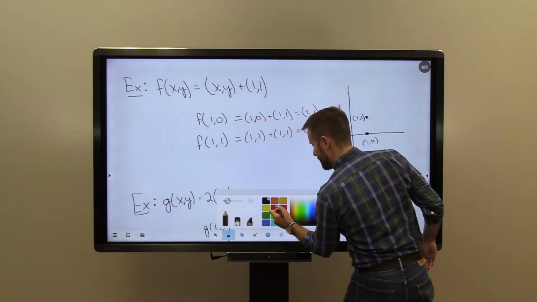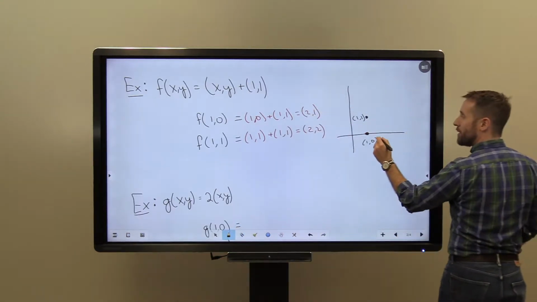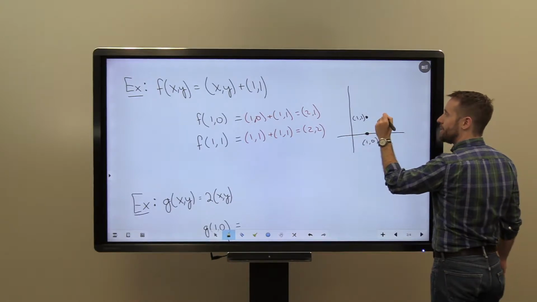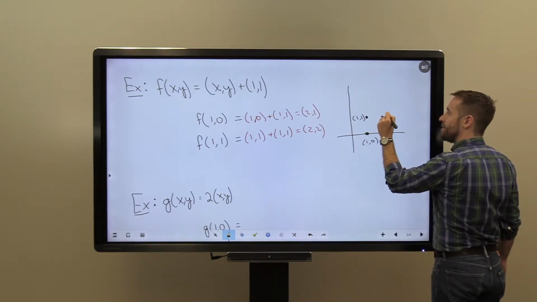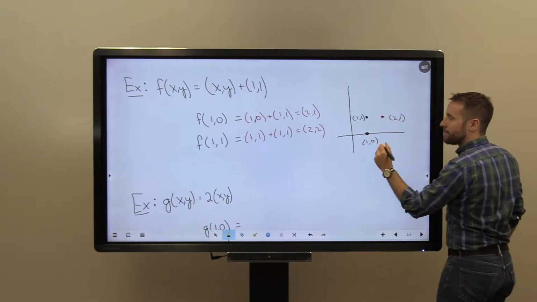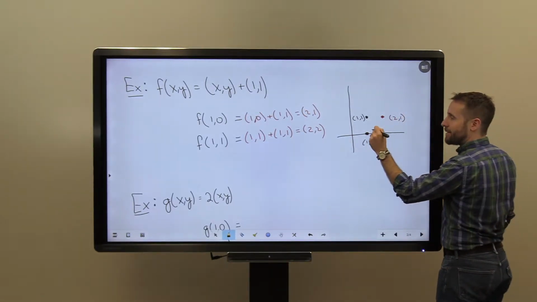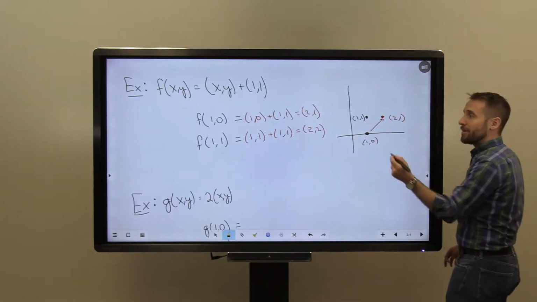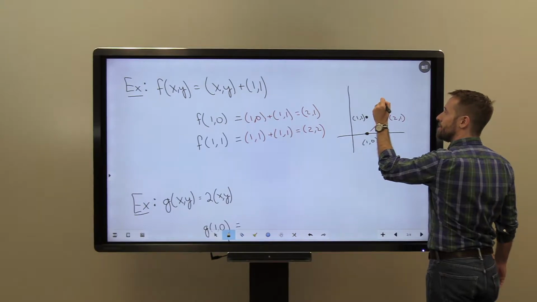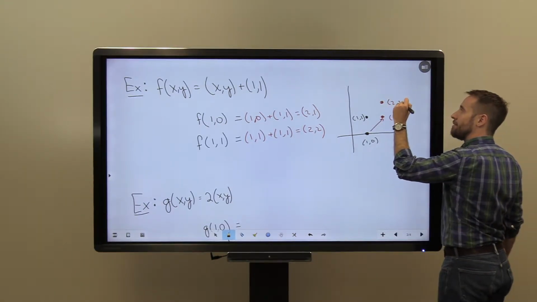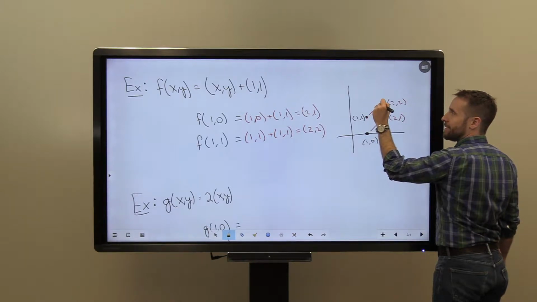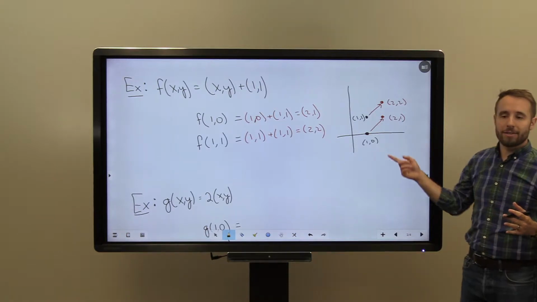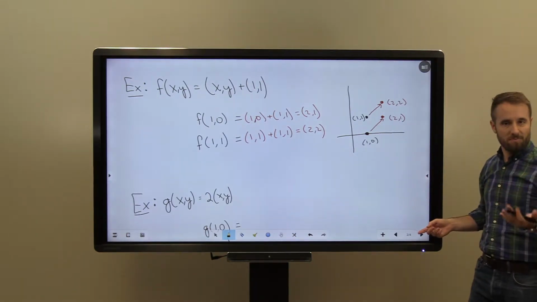After plugging in the point 1, 0, what I get is the point 2 comma 1. So that's going to be this point right here. I could think of my function as being the function that sends this point up to this point. Similarly, if I plug in 1, 1, I'm going to get 2, 2 as an answer, and my function sent this point up to this point.